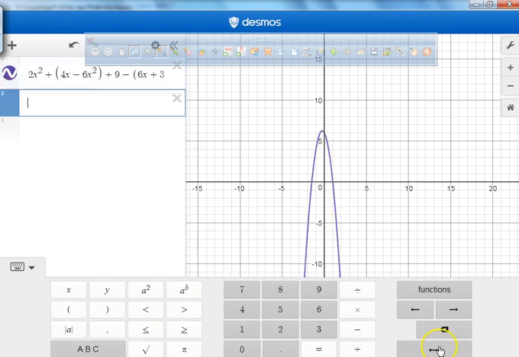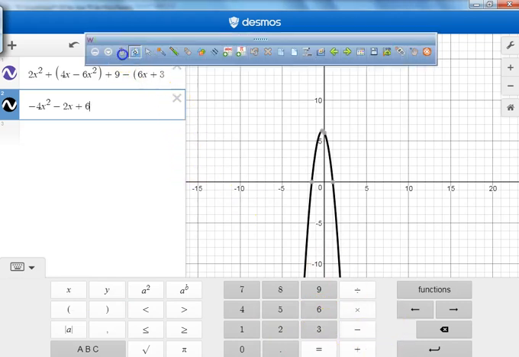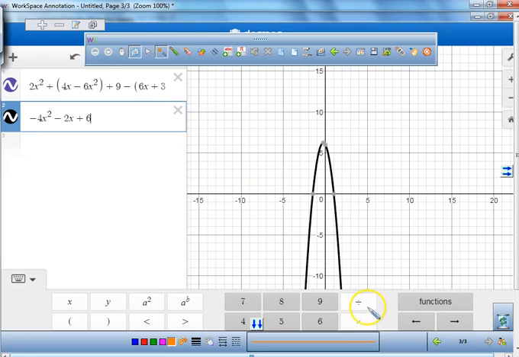Press enter. You guys see that graph right there? Now, let's type in our answer choice. Negative 4x squared minus 2x plus 6. What do you notice about the original expression and our graph?